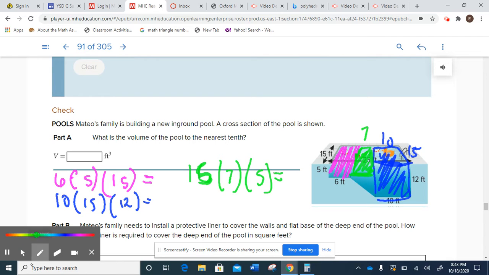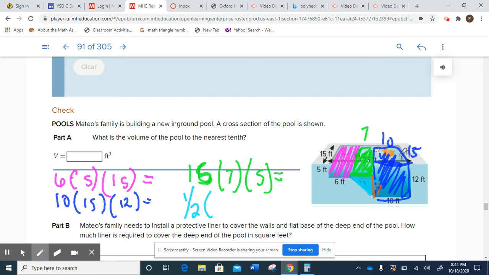And then I need one more. I need this triangle at the bottom, going all the way back. For a triangular prism, remember, you're finding the area of the base times the height. The area of the base is a triangle, so it's 1/2. The height of this triangle here is 7.